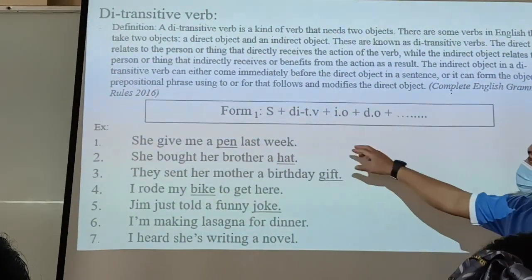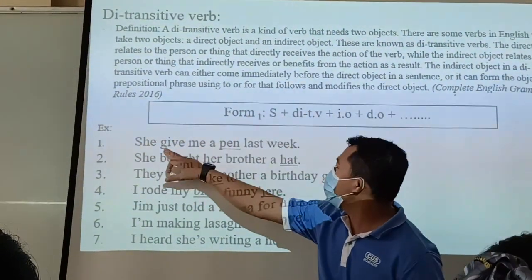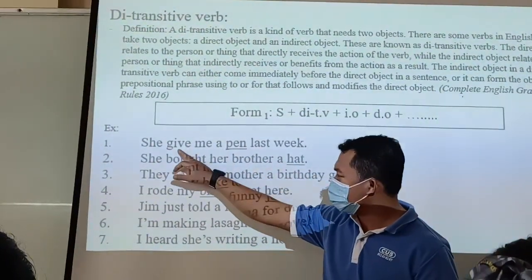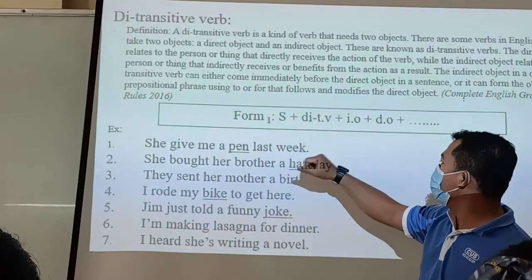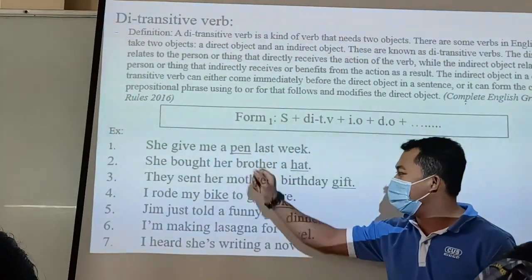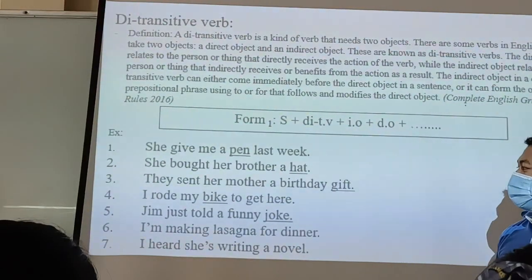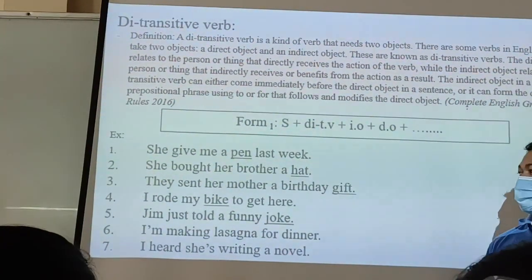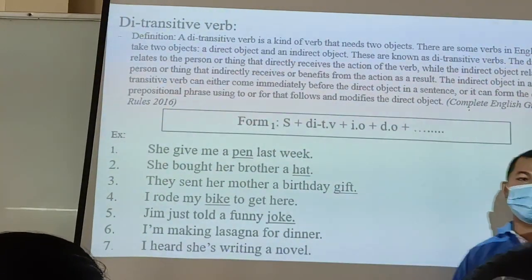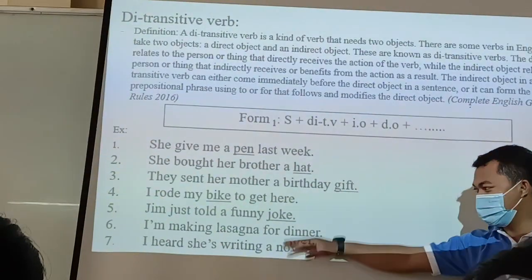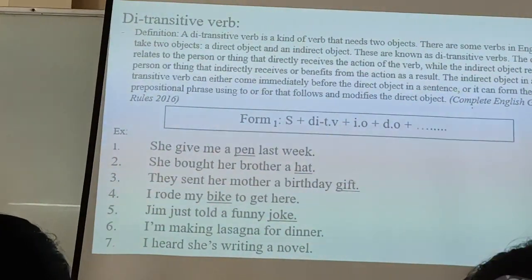Okay, so in the form you see, subject is she, the transitive verb is give, me is the indirect object, and pen is the direct object. She bought her brother a hat. So a hat is the direct object, and her brother is the indirect object. Exactly.